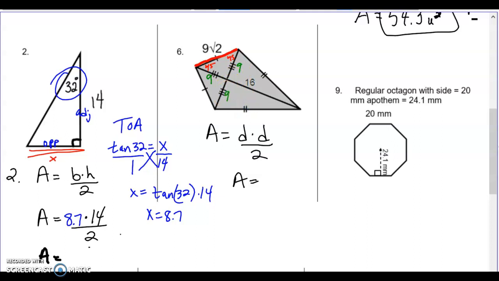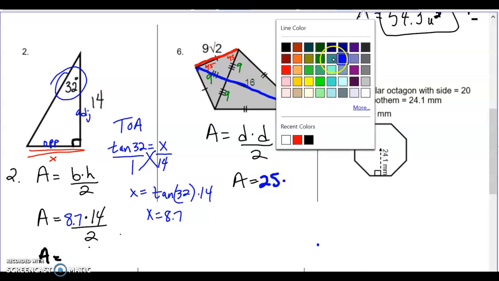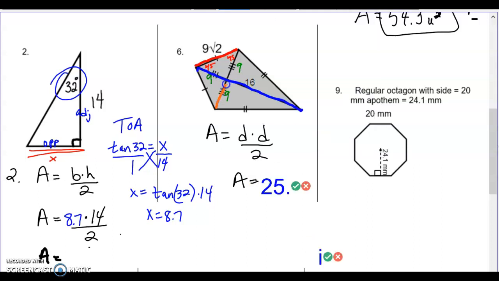One of my diagonals, this big long one here, is going to be 25. And then this shorter one here, 9 and 9 would make 18. And then divide by 2. Whatever that ends up being would be my answer, and I'll put the answer on the PDF file of this.